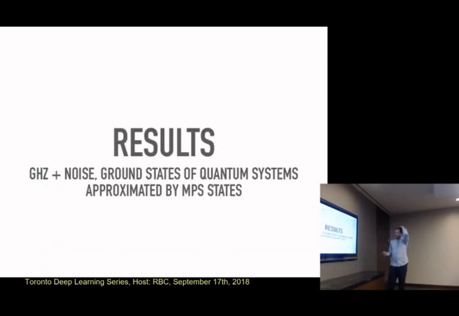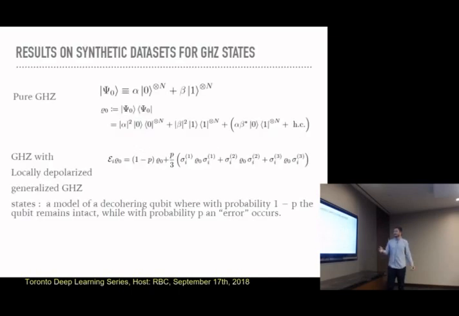Let me give you the experiments. So we'll use GHZ states. They're prototypical states in quantum information. They're basically very simple. They're states where you have all spins up plus all spins down, okay?